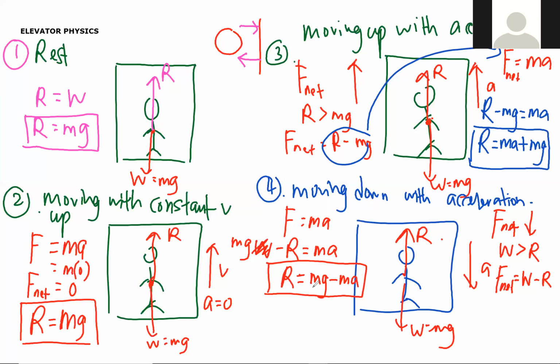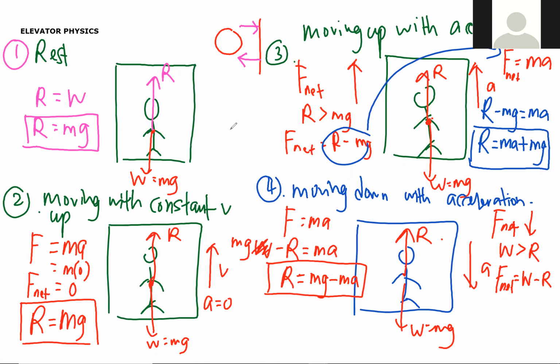Which is why during a free fall, you also feel weightless, because there is no support force. Actually, the sensation of weight that we feel comes from the support force from the surface. If there's no surface, there's no support force, and then you don't feel it. What I call the support force is the R, the reaction. Now remember all these formulas.